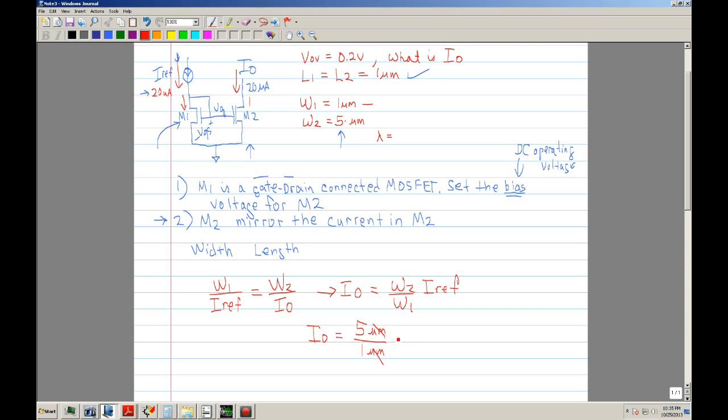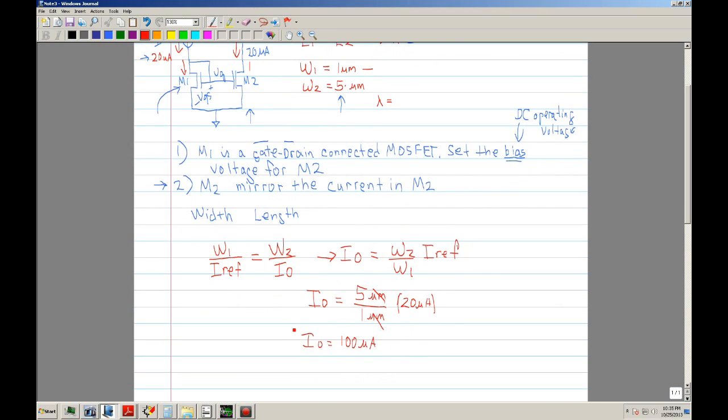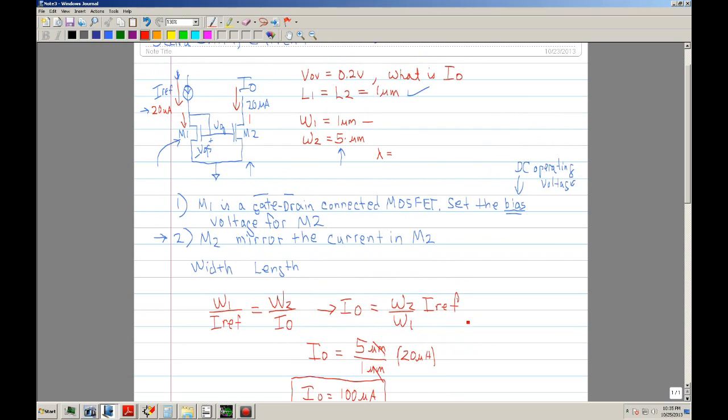If Iref in our example is 20 microamps, then we have an Iout of 100 microamps. So you can see that it mirrors, but it also scales.